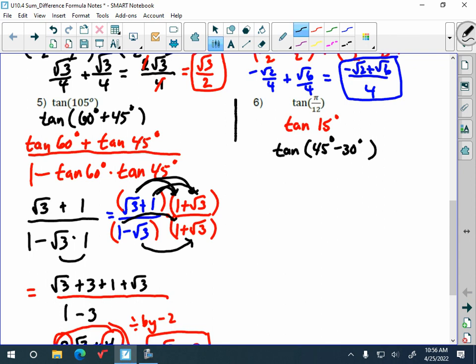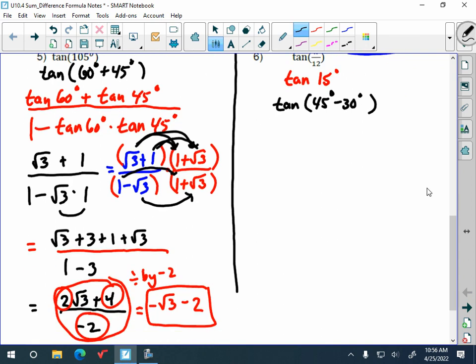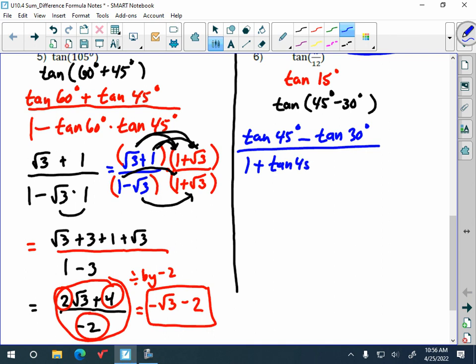All right, so now we're doing tangent with subtraction. Tangent of 45 degrees minus tangent of 30 degrees divided by 1 plus tangent 45 times tangent 30.